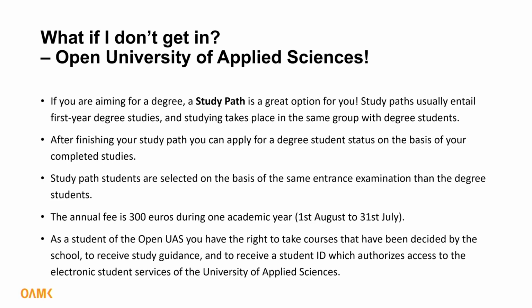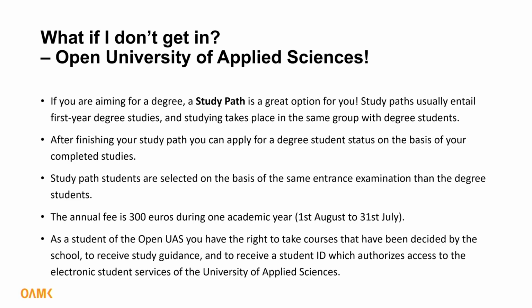Then some words on what happens if you don't get in? Then you have the choice of Open University. You can apply for a study path which has several separate application periods. I don't know presently exactly when it is, but it will be published in November. And then you can study like a degree student.